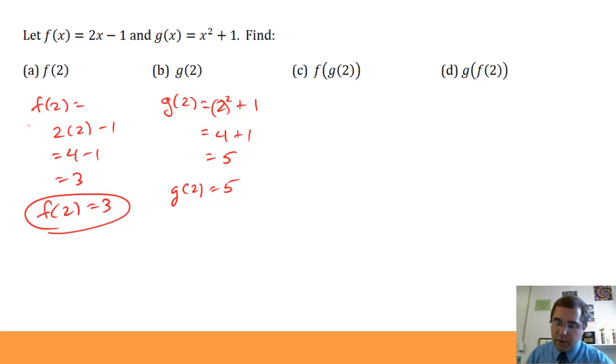Now, part C asks for f(g(2)). We read that as f of g of 2. And we always start on the inside.